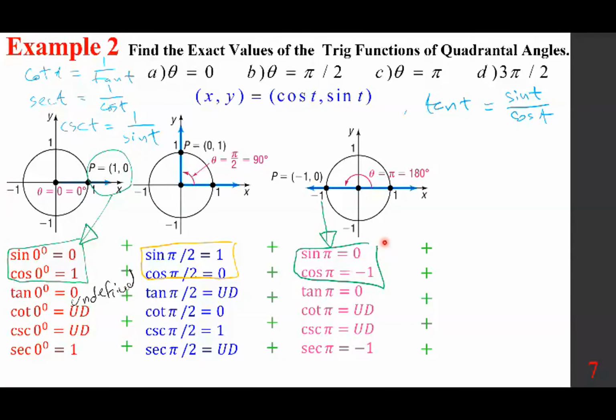Now, tangent is sine over cosine. 0 over negative 1 makes it 0. Cotangent is the reciprocal of tangent, 1 over 0, or you can say cosine over sine, negative 1 over 0, which makes it undefined. Cosecant, 1 over sine. So 1 over 0 is undefined. Secant, 1 over cosine. 1 over negative 1 is also negative 1. Reciprocals have the same sign.